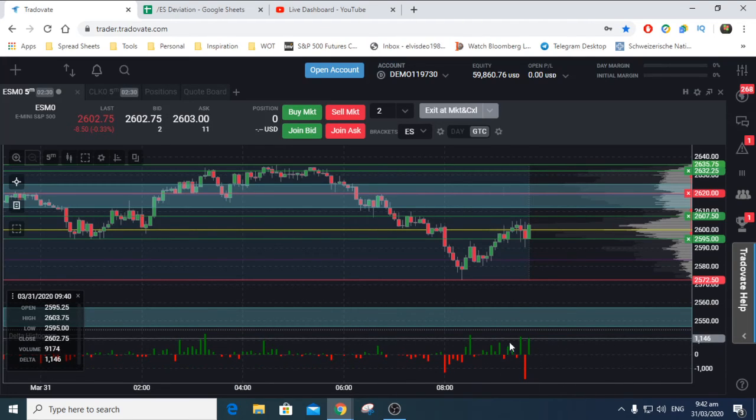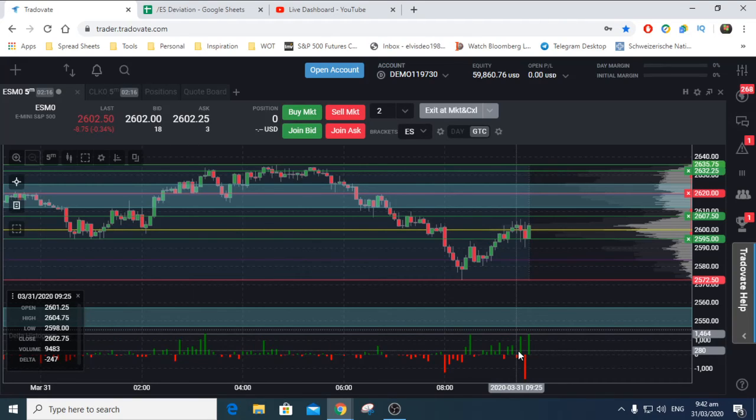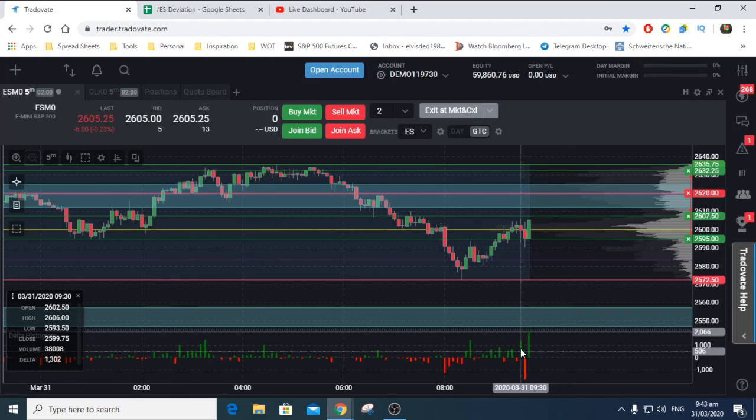You see there's a flip and that's why we don't want to be involved. We know exactly what that area is, what that area poses to be. That poses to be a whippy area. You can see that is building.